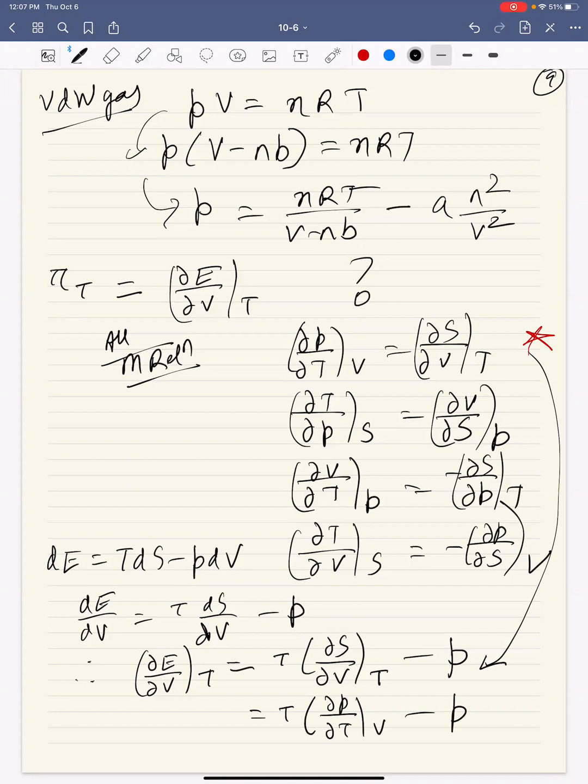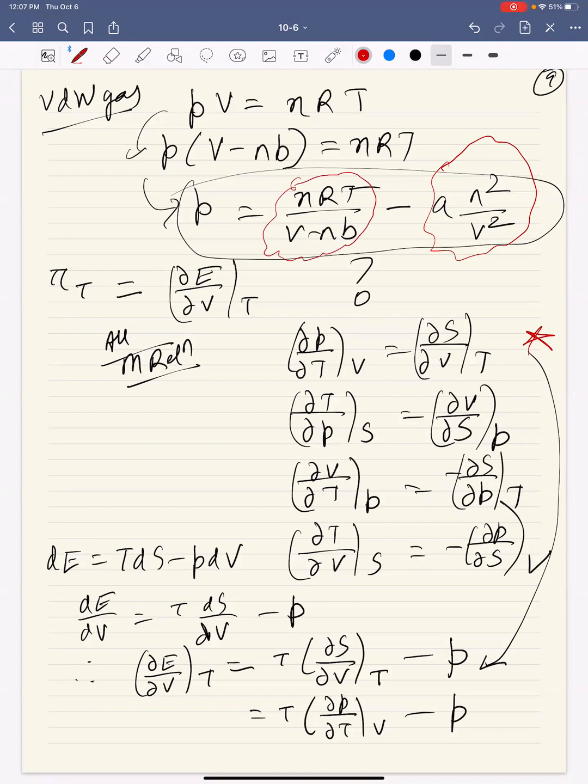Can we do partial P by partial T at constant V for a van der Waals gas? Yeah, we have this over here, right? So if you differentiate this with respect to temperature at constant volume, what will be the effect of this term? 0. At constant volume, there is no temperature dependence over here. When you differentiate this one with respect to temperature, what will be the effect? Just temperature will go away. It will be nR by V minus nb.